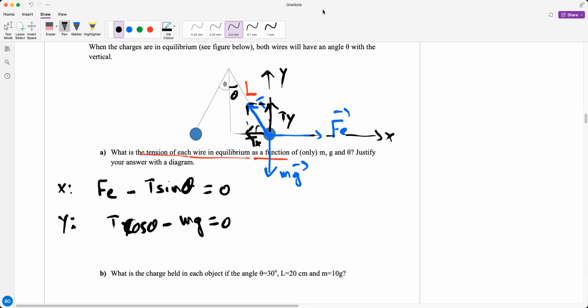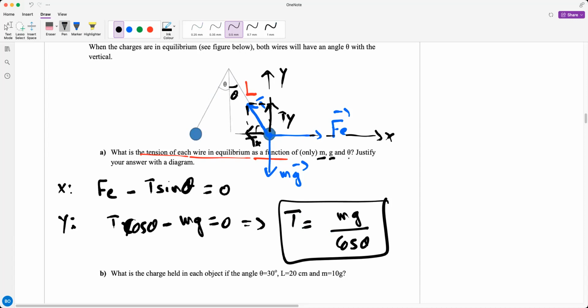Let me see if there is any question. No, there is no question. So this will give that the tension is equal to mg divided by cosine theta. This is exactly what they were asking: mg and theta. Any question?